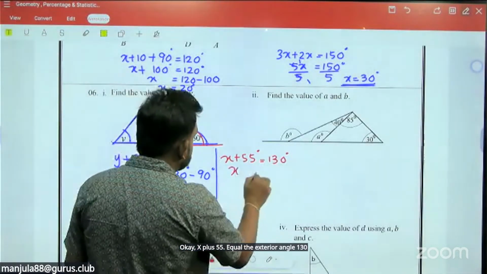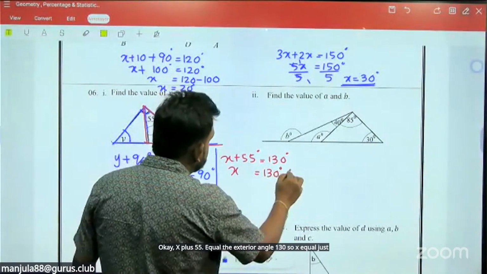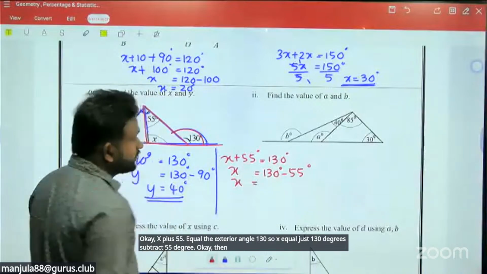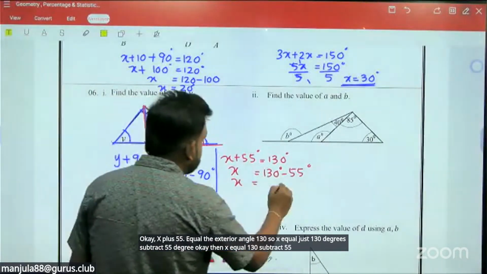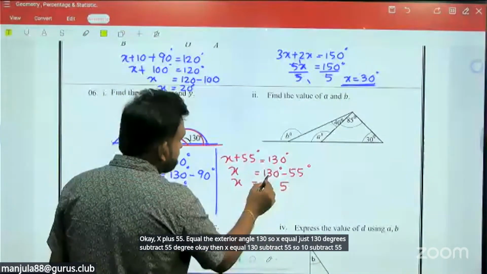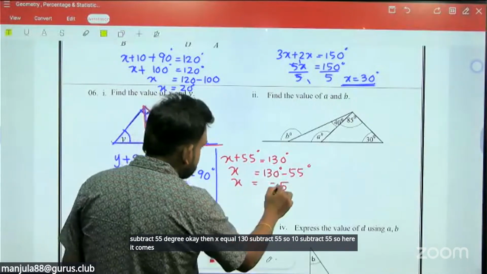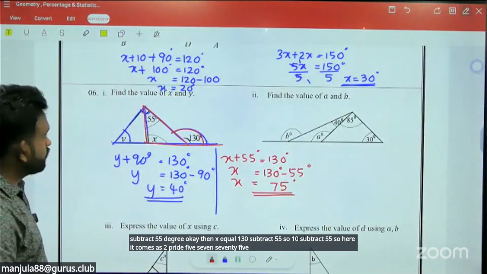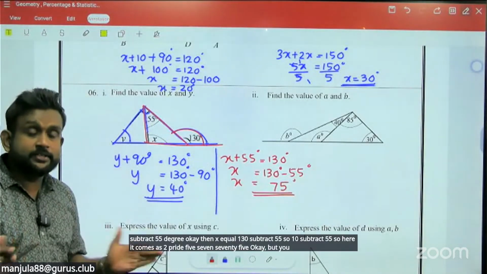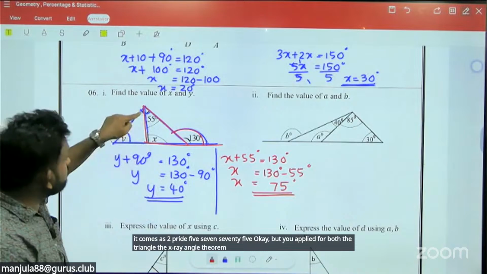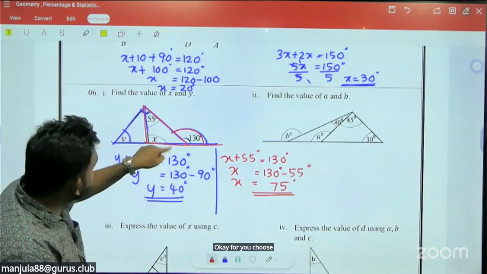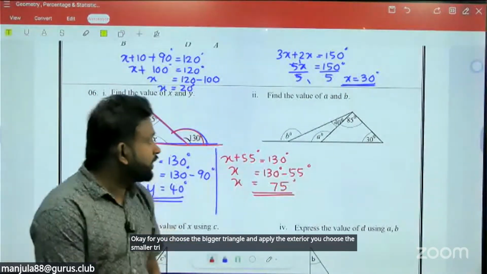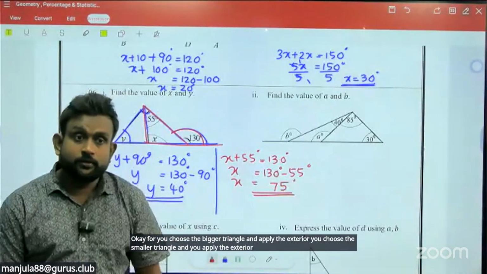So x equals 130 degrees subtract 55 degrees. So x equals 75. What you applied for both triangles is the exterior angle theorem. You choose the bigger triangle and apply the exterior angle theorem, or you choose the smaller triangle and apply it.